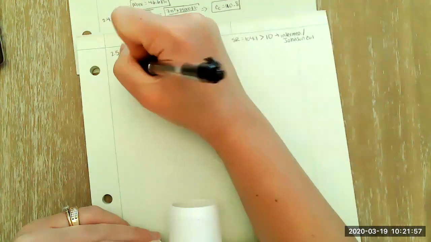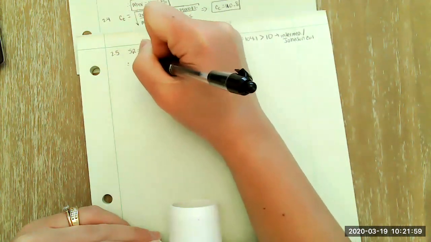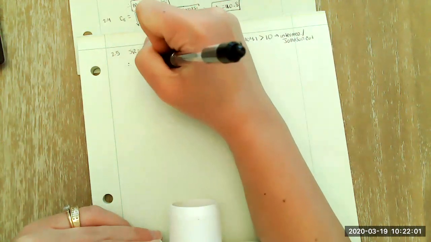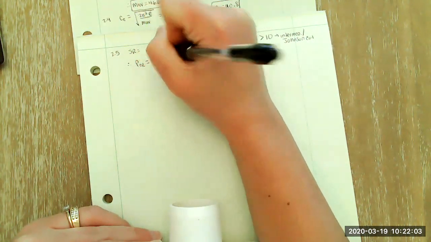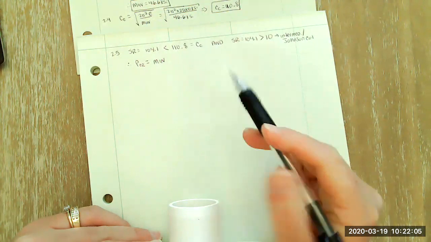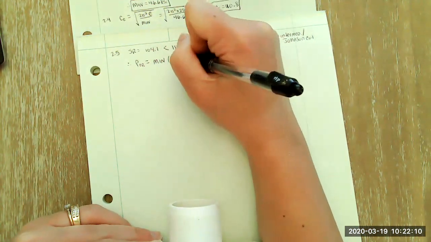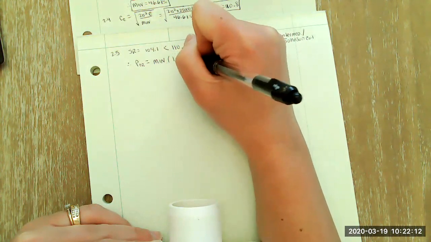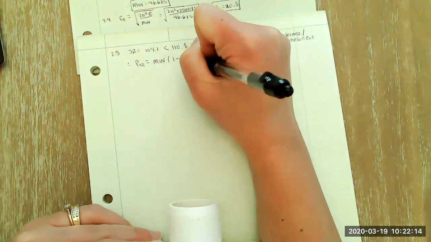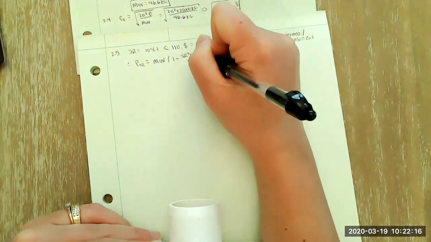So we have a slightly different equation than we used in the last example to calculate our critical buckling stress. Our critical buckling stress, P sub CR in this case, is going to equal the minimum that we calculated in step 2.3 times 1 minus our slenderness ratio squared divided by 2 times our critical slenderness ratio squared.